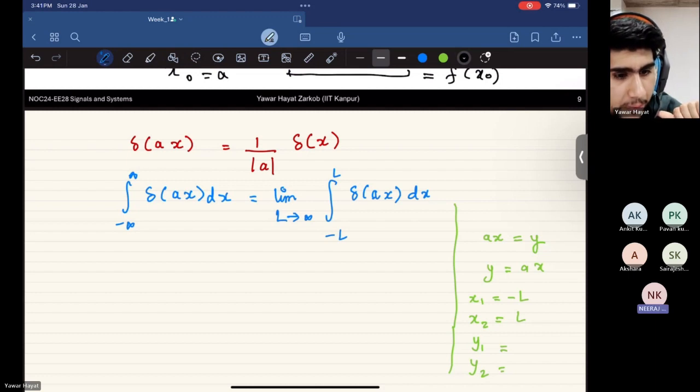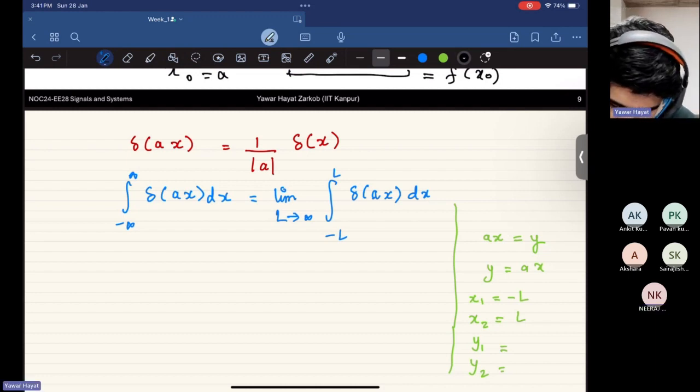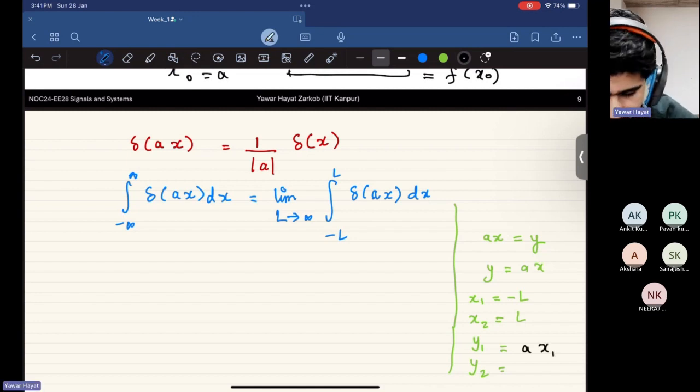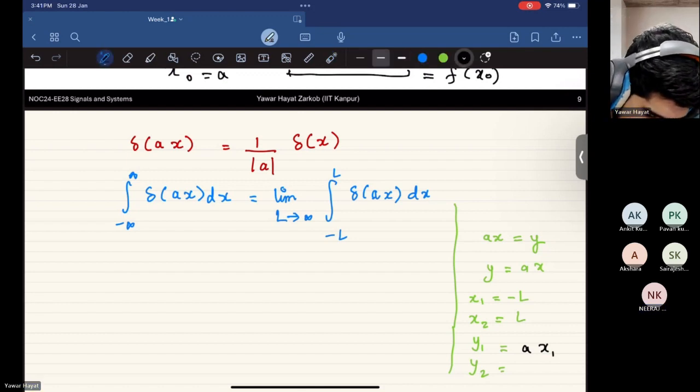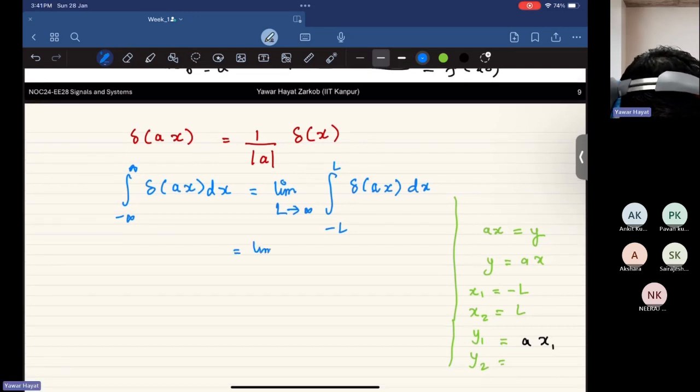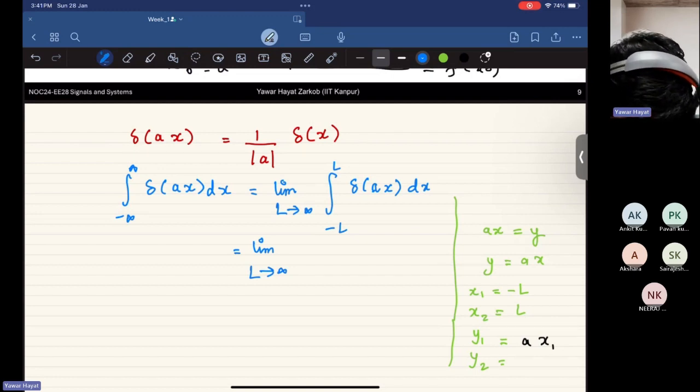Yes, sir. Okay. So y1 would be a times x1, right? Minus AL, yeah, because x1 is minus L, right? Good. So it would be the limit where L remains the same, L tends to infinity.